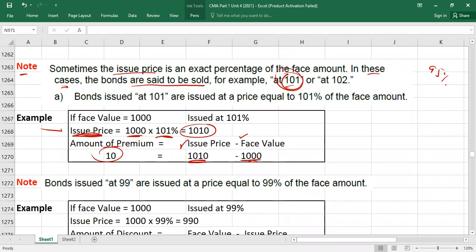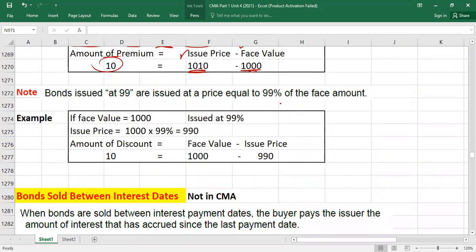What if bonds are issued at 99, for example? I will take the issue price first. How? Face times 99%. So this will give you 990 as the issue price. Now I want to get the amount of discount. How will I calculate?